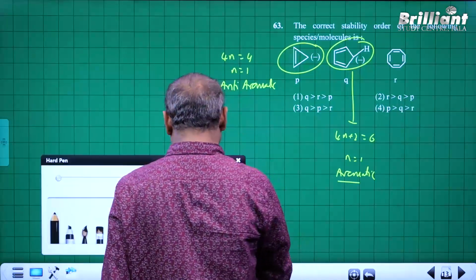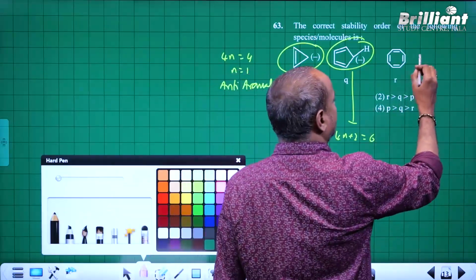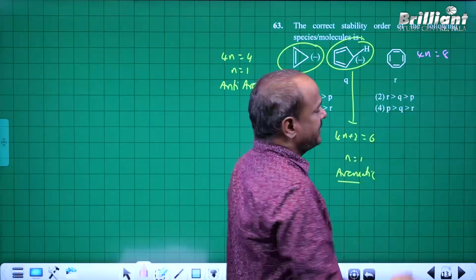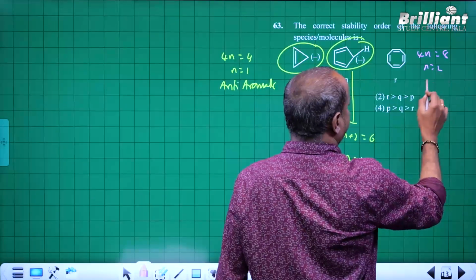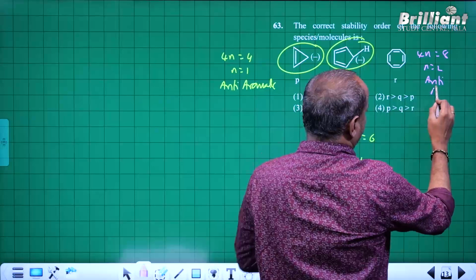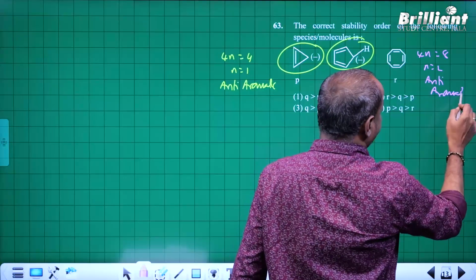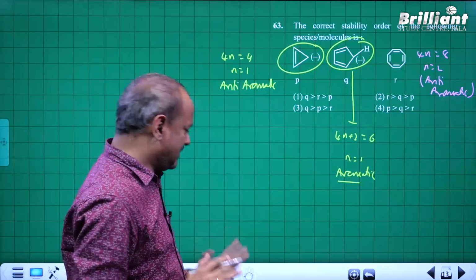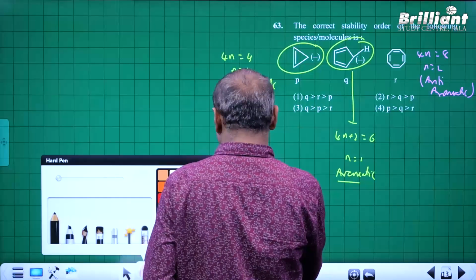The fourth one is a special example. Actually 4n is equal to 8 electrons, 4 pi bonds, n is equal to 2, category wise belongs to anti-aromatic, but not anti-aromatic.